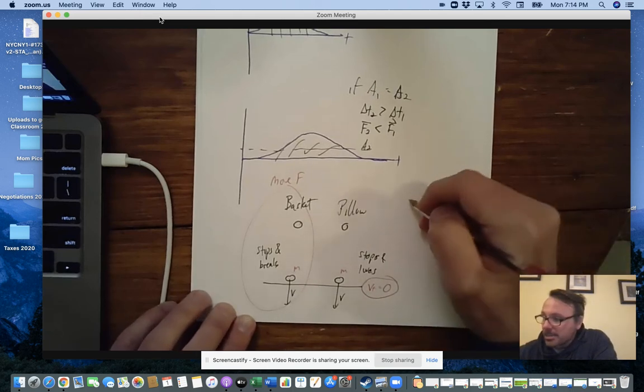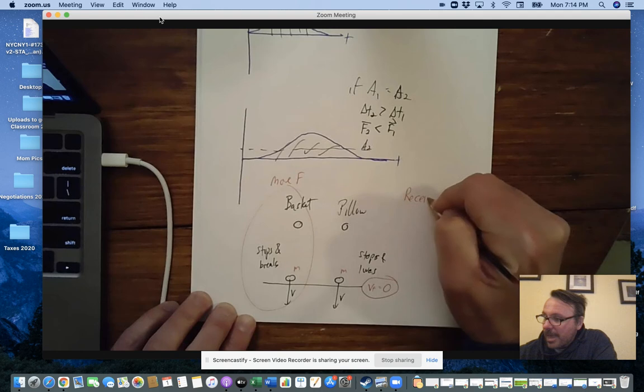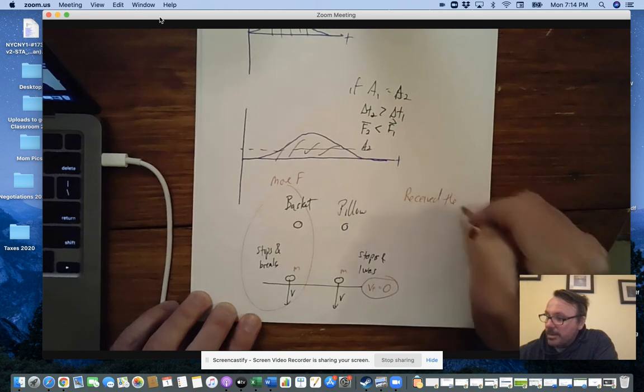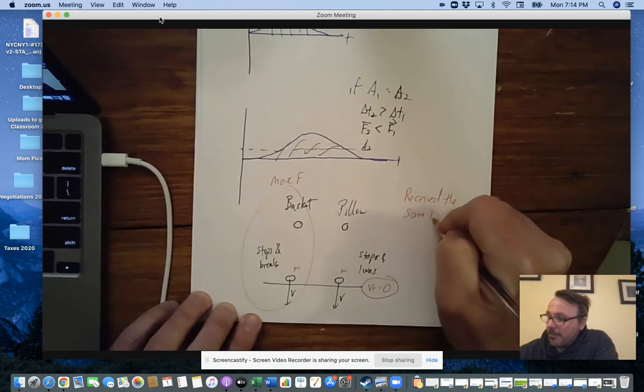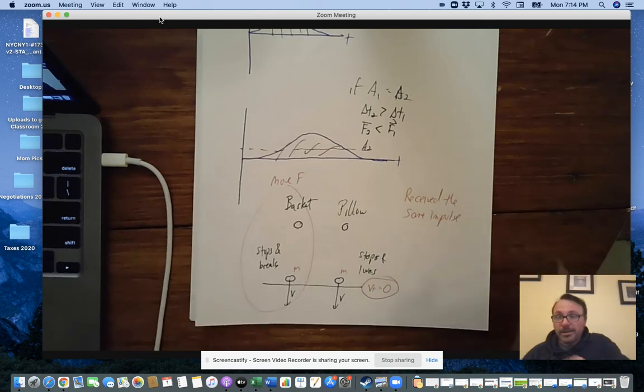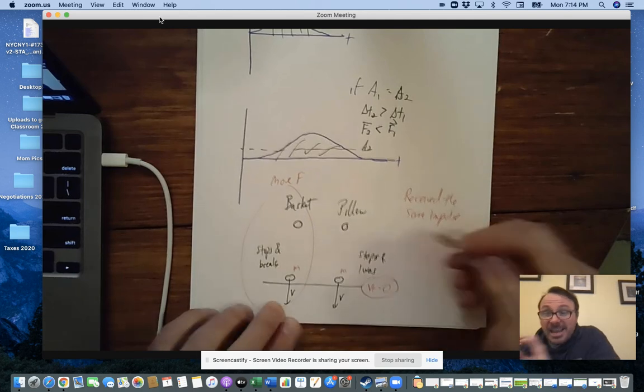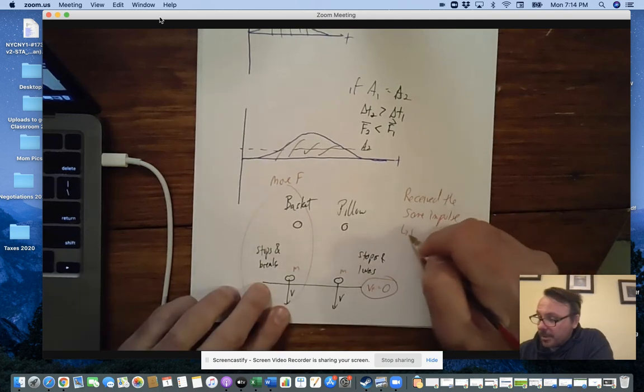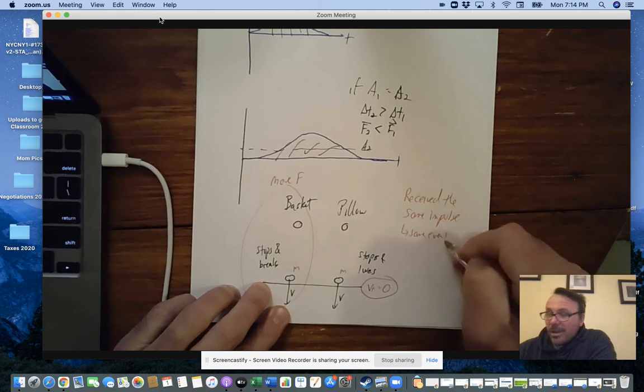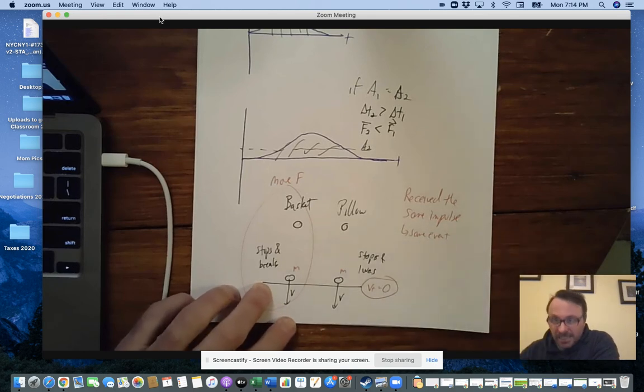These two eggs received the same impulse. They underwent the same change in momentum. They went from moving to not moving. The same event happened to them. They stopped. In terms of physics, the event is stopping.